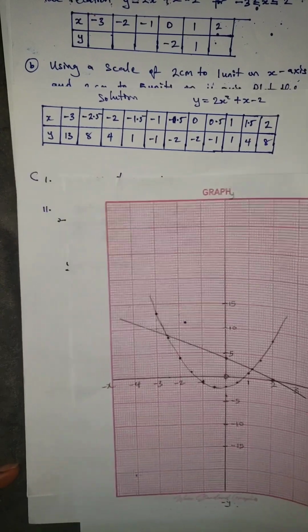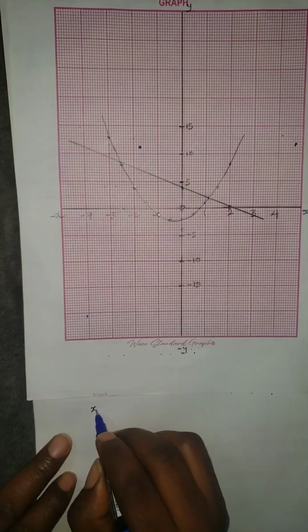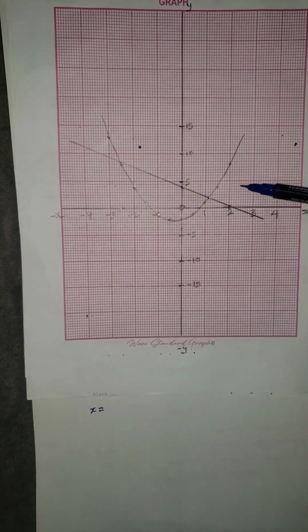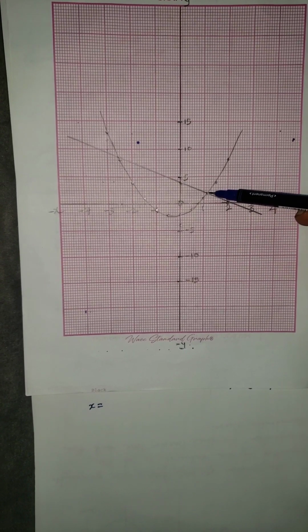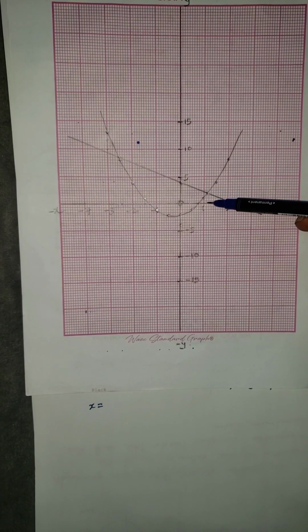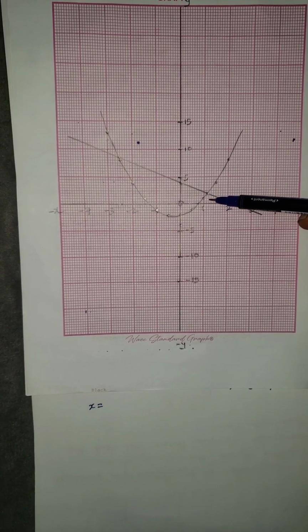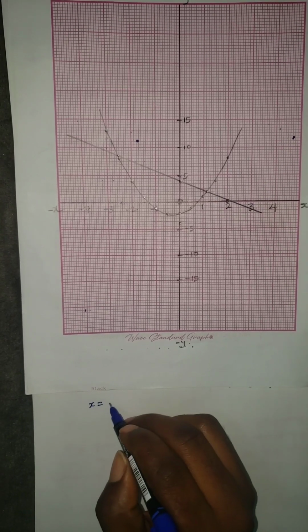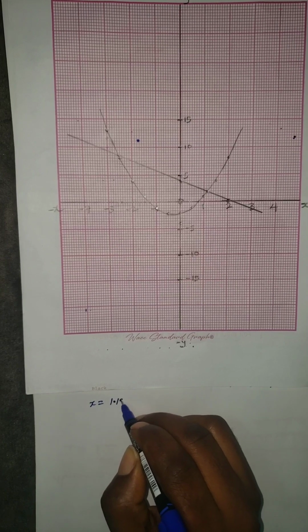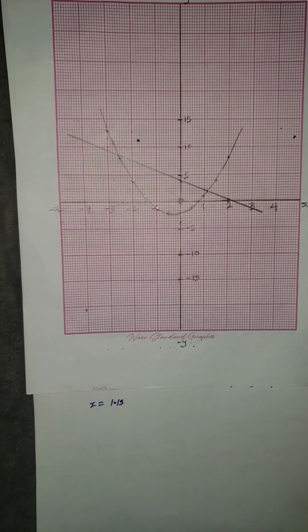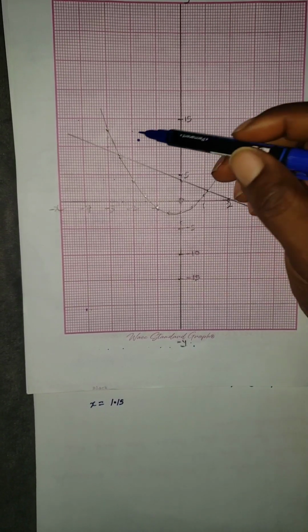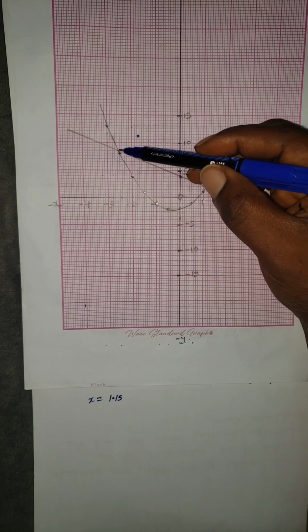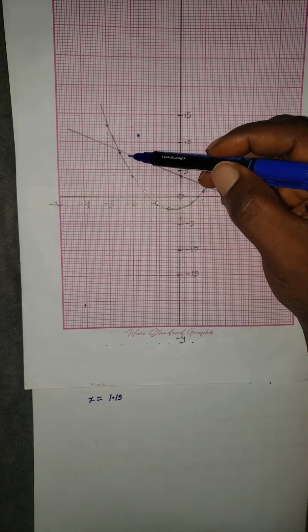So let us do that. At this point, which is between 1.1 and 1.2, we can take it as 1.15. Now the other one is also at the middle.